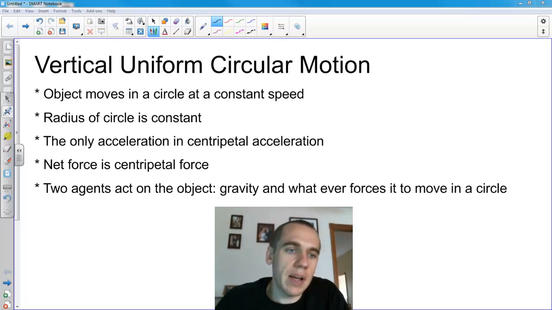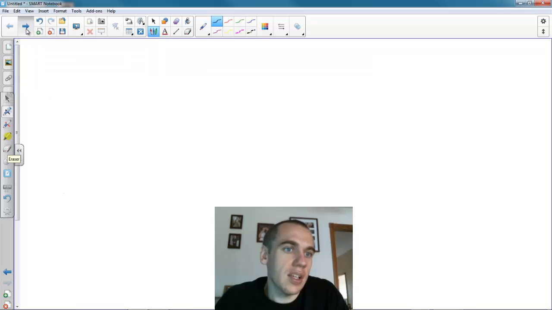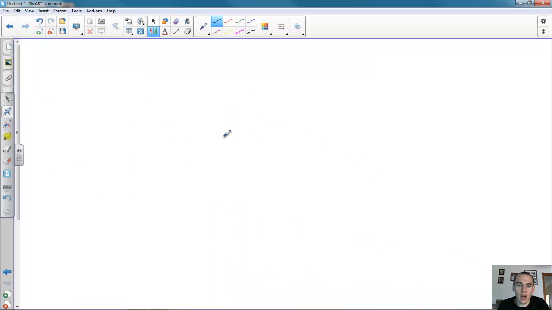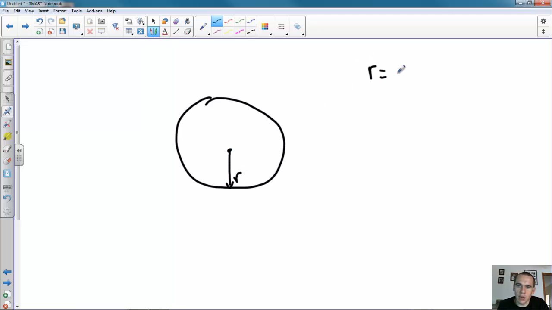Probably the easiest way to illustrate this is to consider an object that you're swinging in a circle in front of you, right? But instead of swinging it over your head, you're swinging it in a circle vertically in front of you. Now, it still has a radius r, and we're going to let the radius be 0.75 meters.